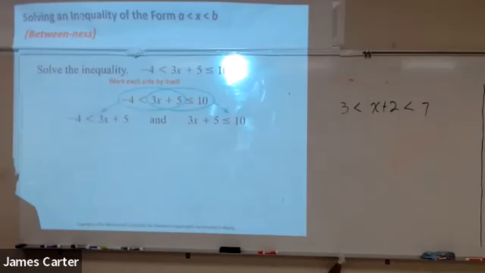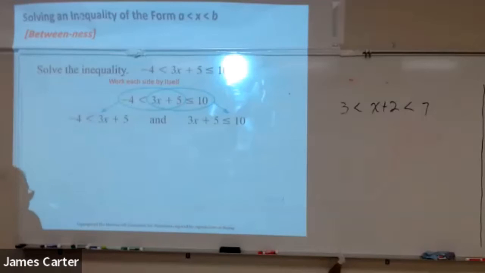Let's go ahead and work this problem. Yes, question? To know it would be the "and", I guess, is that when you go off the plus? Well, because see the direction of these symbols? That's a clue for "and". You've got something in the middle, something with both symbols going that direction, less than or equal, or less than.